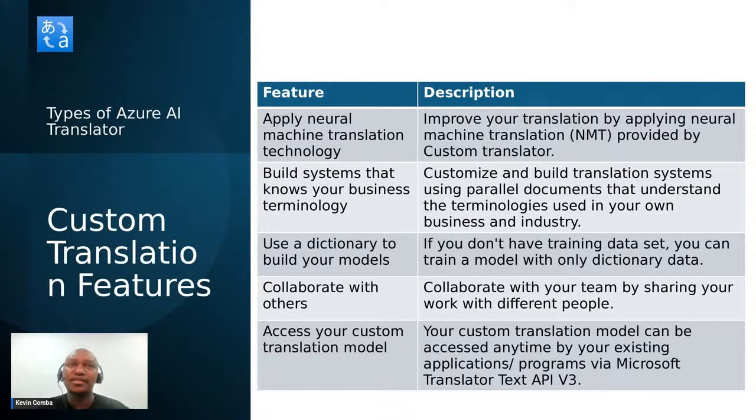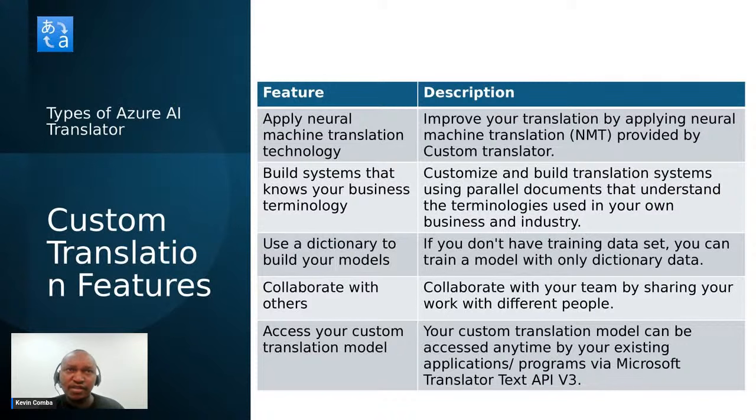So you can also build systems that know your business terminologies. You might have like these short forms, phrases to maybe denote a certain lengthy word which you use only in your company, and maybe it's not a recognized English word. So you can customize a translator to have that knowledge that when you say a certain denoted word, it means this.